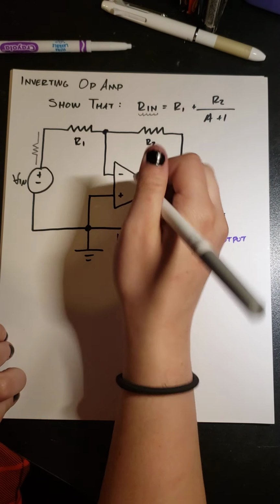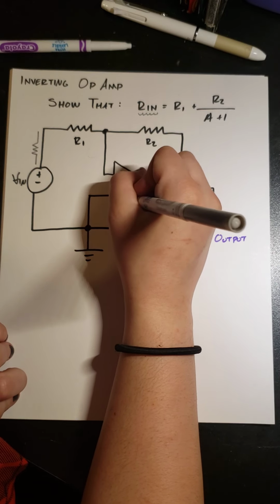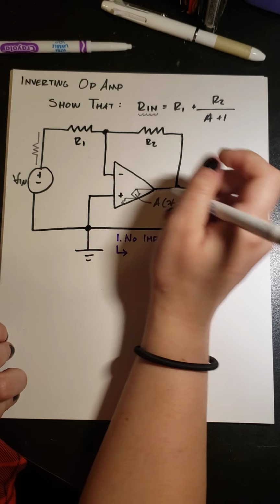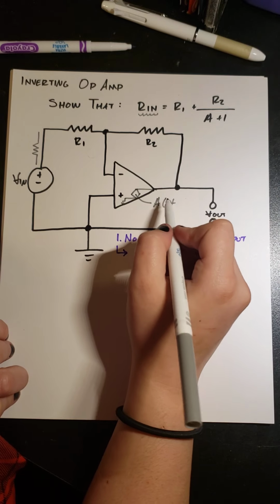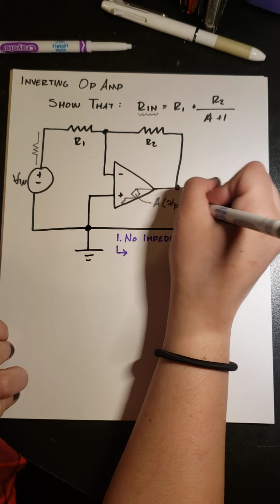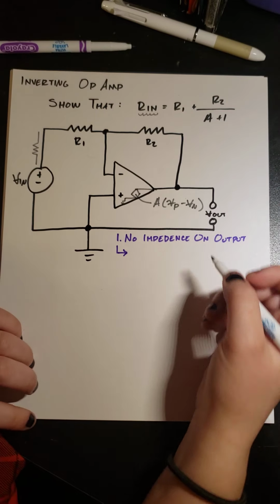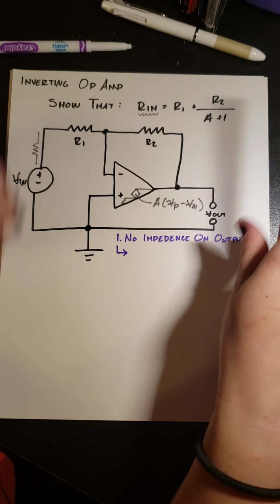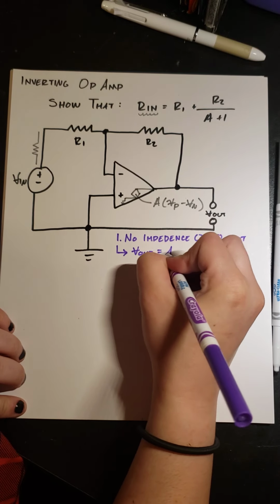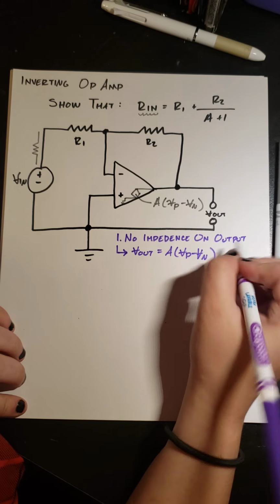What causes the voltage here is a little gain circuit, and its gain is A times V: the voltage at the positive terminal minus the voltage at the negative terminal, times the gain factor. So we now know that V out equals A times (VP minus V in).